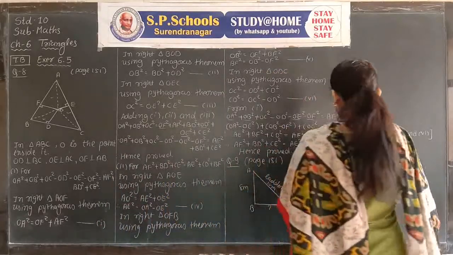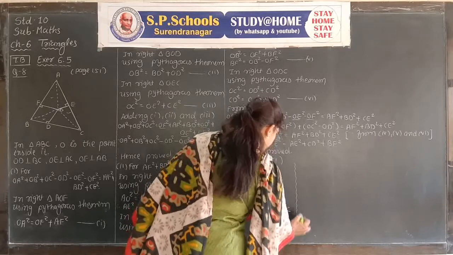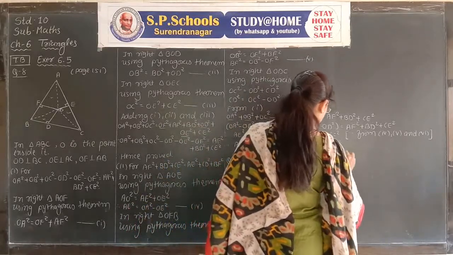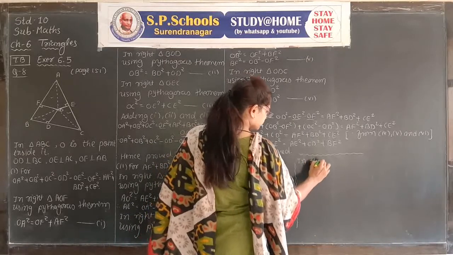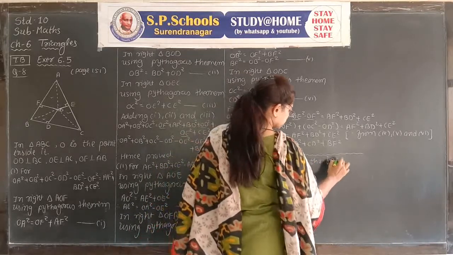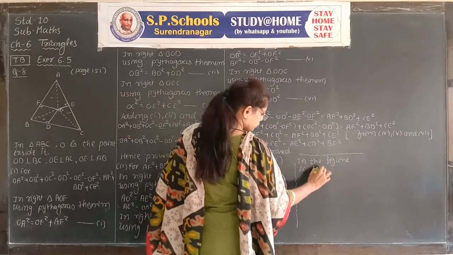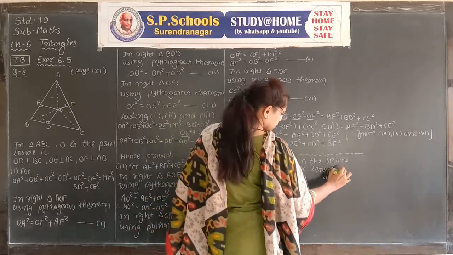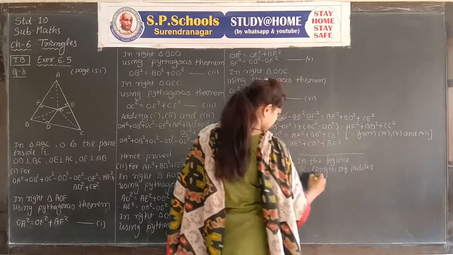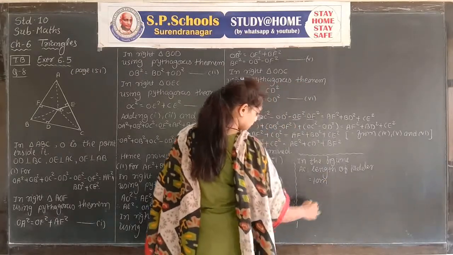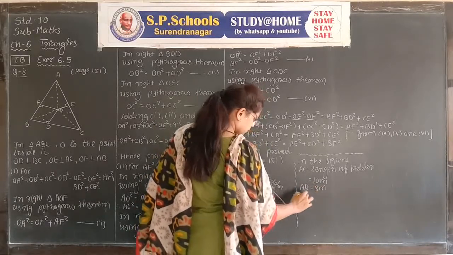First of all, write the given things. In the figure, AC is equal to the length of ladder, equal to 10 meter. AB is equal to 8 meter.